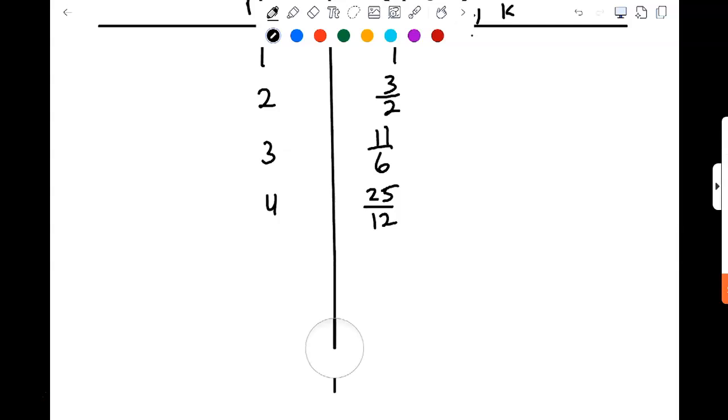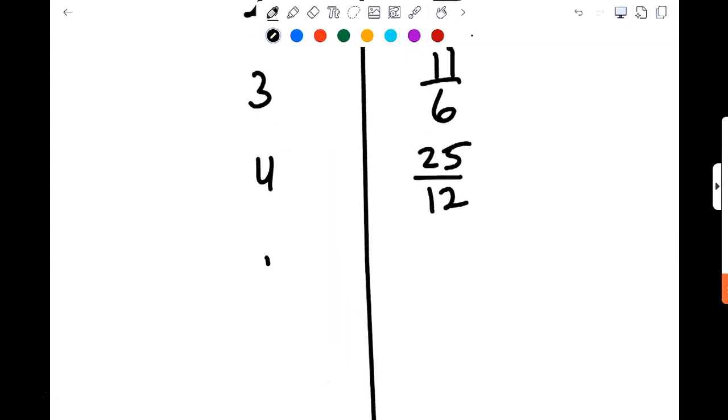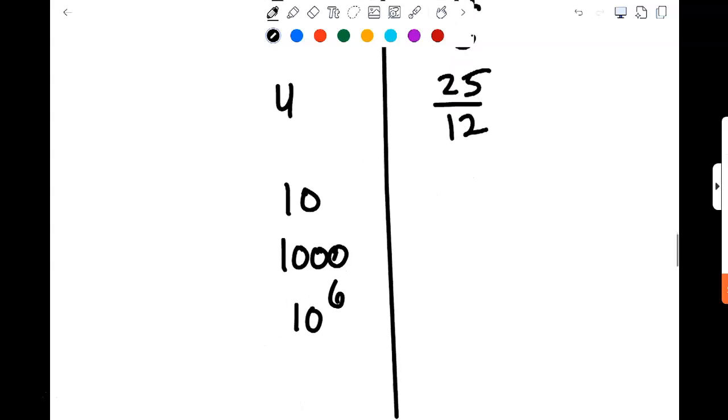The textbook then gives you some of these larger values now. What if n is 10? What if n is 1,000? What if n is 1,000,000? What if n is this massive number?